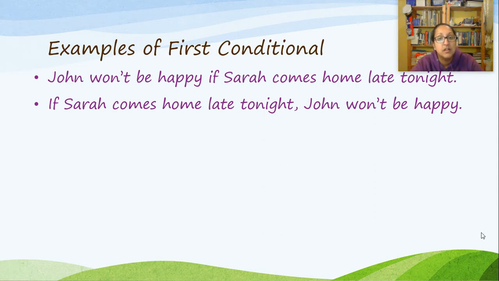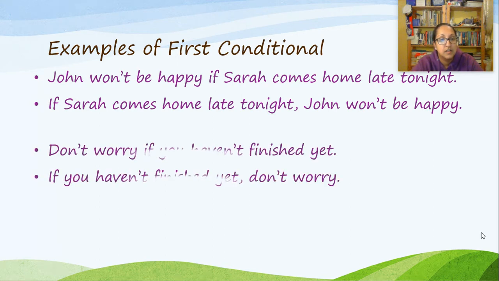In the first example, the main clause comes first, or the result comes first, so we don't have a comma. Don't worry if you haven't finished yet. If you haven't finished yet, don't worry. So again, when we have the conditional clause first, we use a comma. If we have the main clause first, we don't.